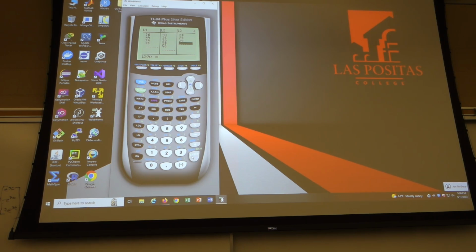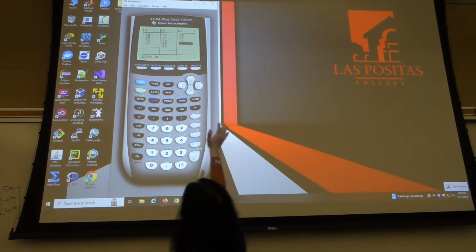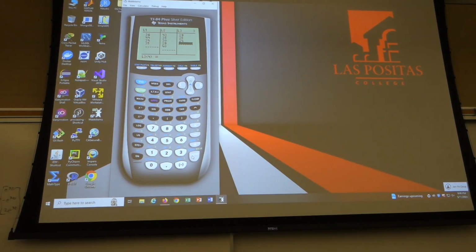Does everybody have those in yet? Great. So again, double check that your data is correct, because if you mess that up it's all kinds of trouble. Mine looks good. And then we're going to go to stat, over to test, and arrow up. It's the very bottom one. So hit ANOVA.